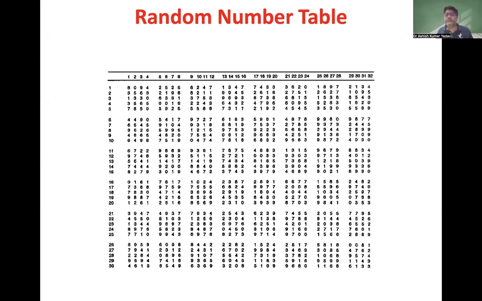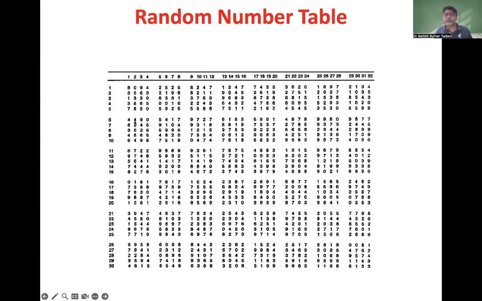Here, we can randomly choose any row and any column. For example, if we have chosen row 6 and the first and second columns, the first selection is 44. Roll number 44 is selected, then we can move vertically or horizontally.